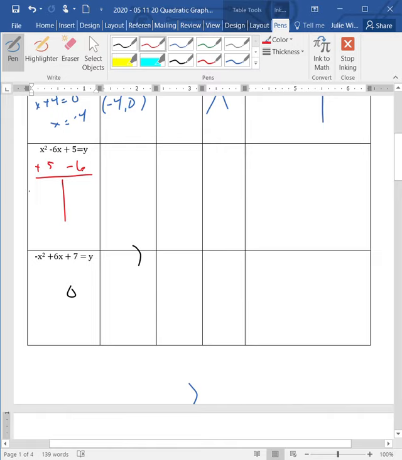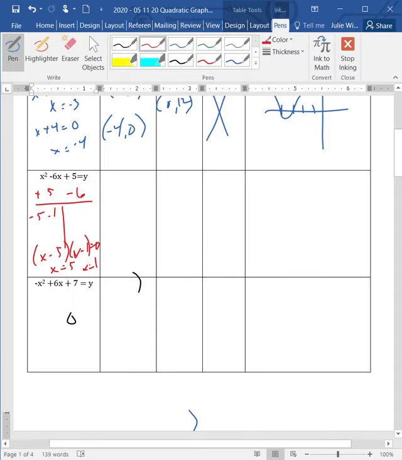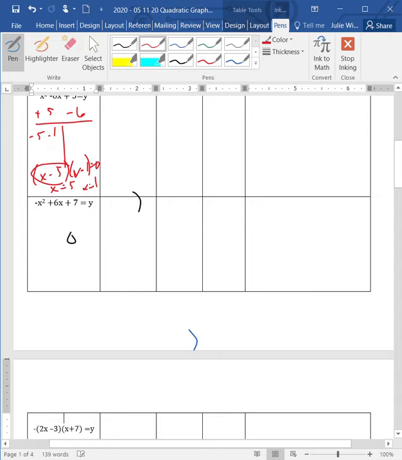Well, I know that it's going to be negative 5 and negative 1. So (x minus 5)(x minus 1) equals 0. If you were to solve that, you get x equals 5 and x equals 1. Okay. All right, well, let's just type it into Desmos, just as is originally given to you, okay? Golly gee.